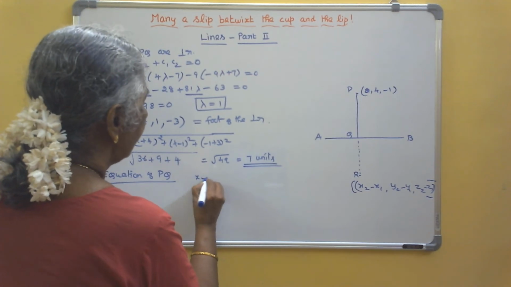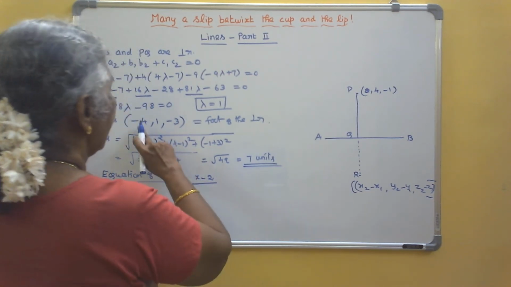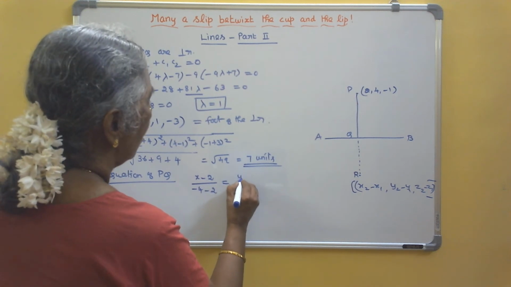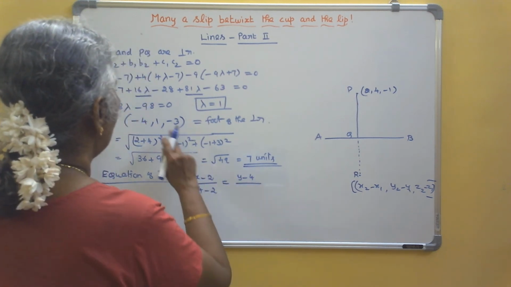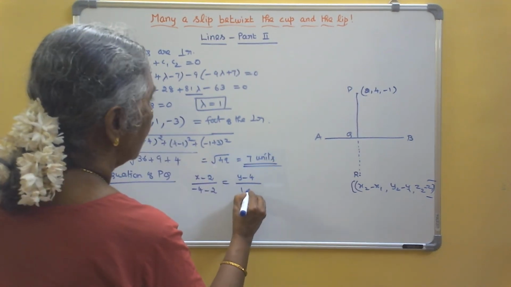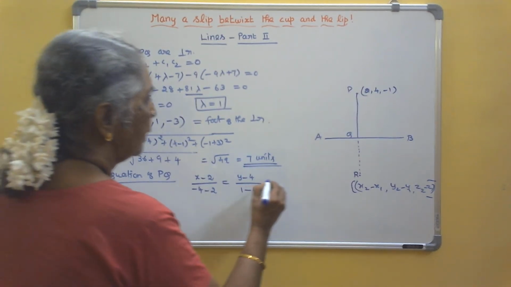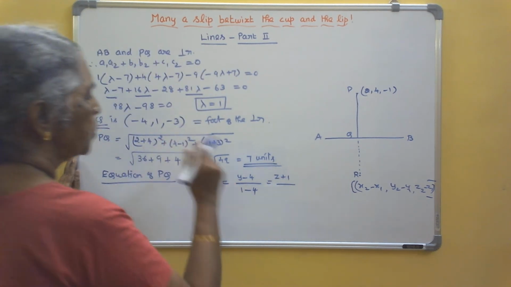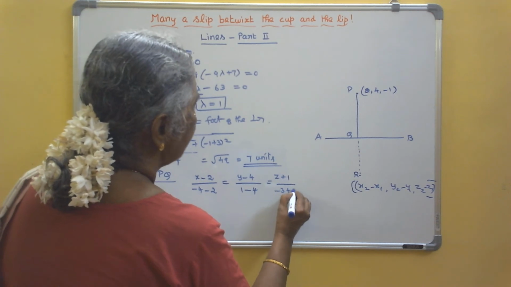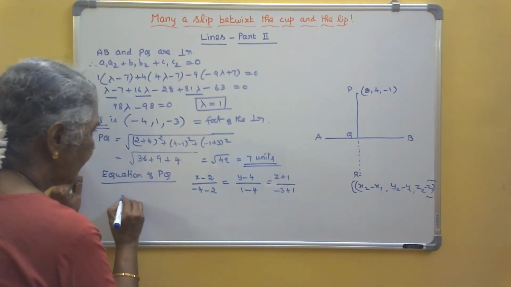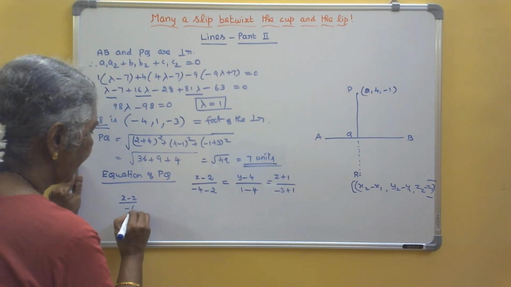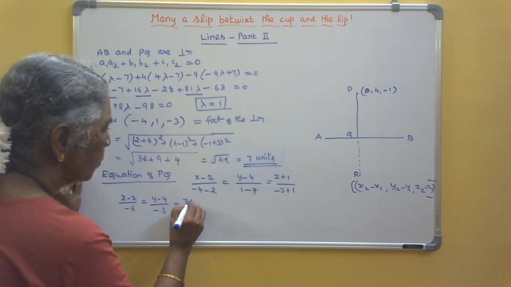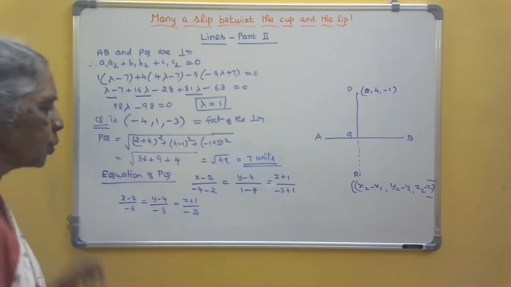I will take (x minus 2) by (x2 minus x1), so minus 4 minus 2, (y minus y1) by (y2 minus y1), that is equal to (z minus z1) by (z2 minus z1), right? So I will be getting (x minus 2) by minus 6 is equal to (y minus 4) by minus 3 is equal to (z plus 1) by minus 2.